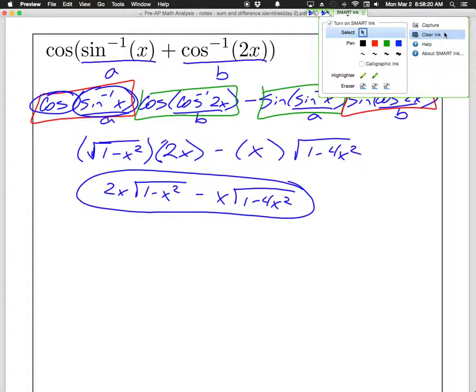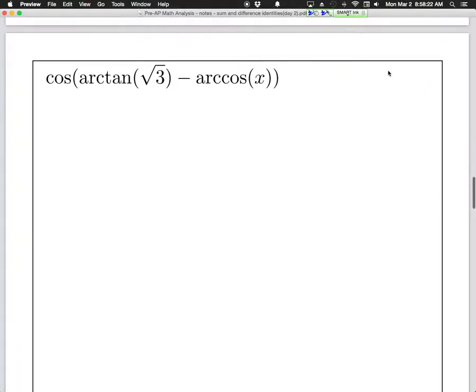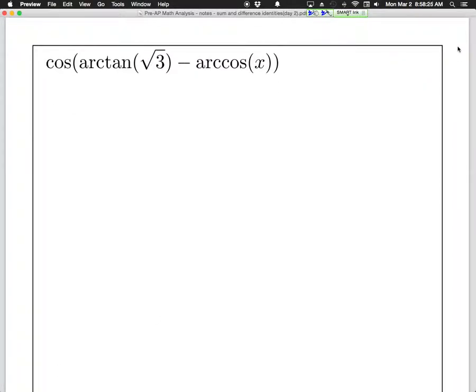All right, let's look at another one. I have cosine of arctangent of radical 3 minus arc cosine of x. Same thing. We want to take it from a trig expression, use the sum of difference identities, and rewrite it as an algebraic expression.